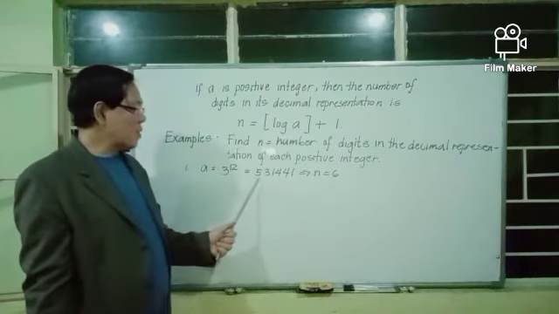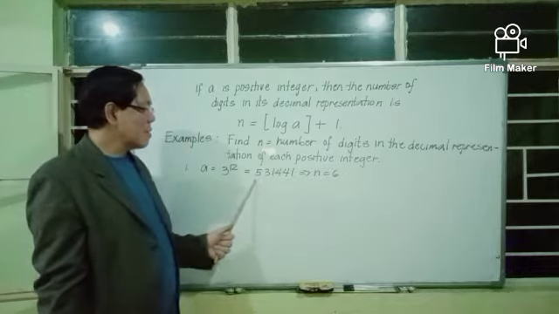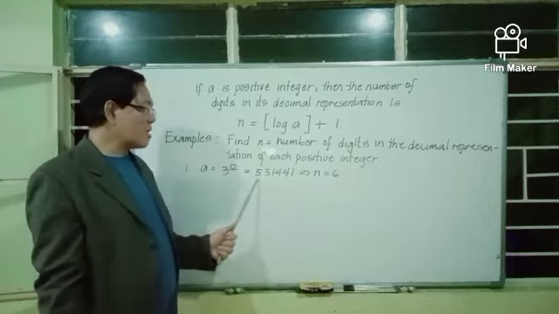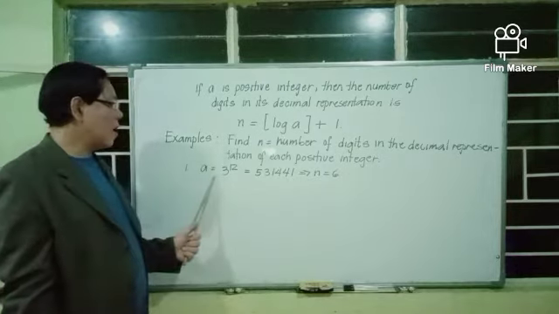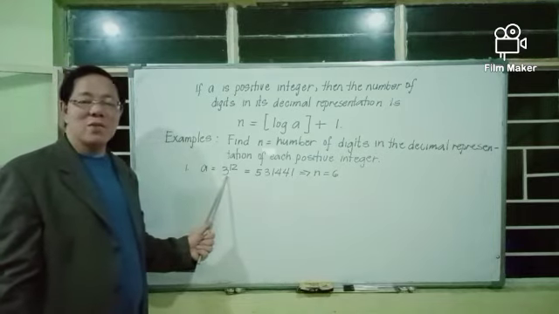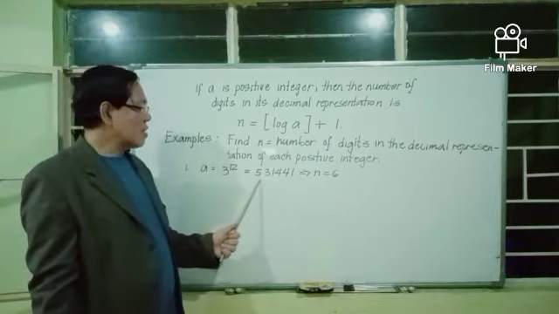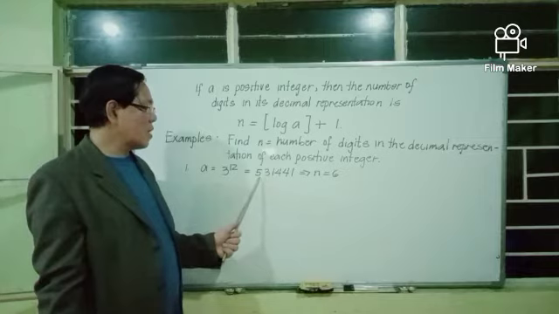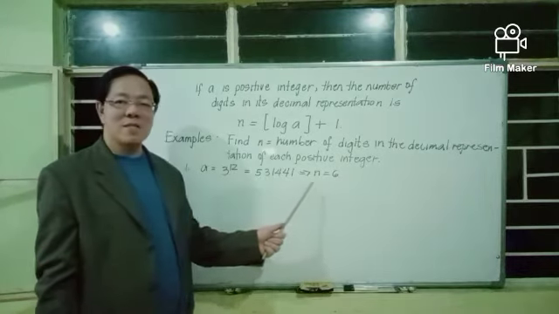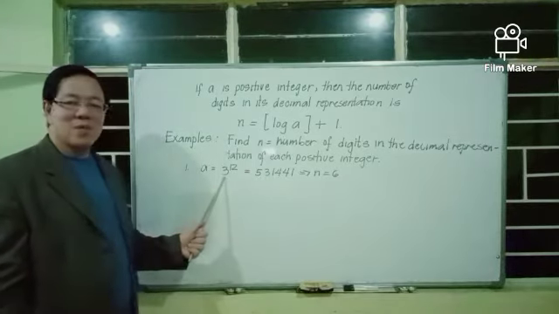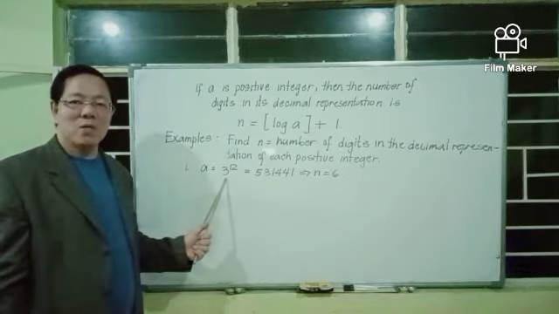And counting the number of digits in this positive integer, the decimal representation of 3 to the power 12, we say that there are 6 digits: 1, 2, 3, 4, 5, 6. Six digits in the decimal representation of 3 to the power 12.